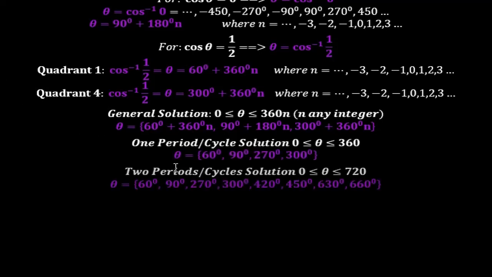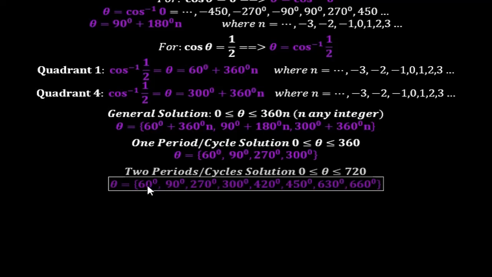Then two periods or two complete cycles is where theta is between 0 and 720, and that is theta equals 60 degrees, 90 degrees, 270 degrees, 300 degrees, 420 degrees, 450 degrees, 630 degrees and 660 degrees.